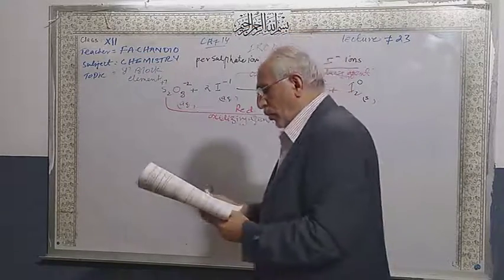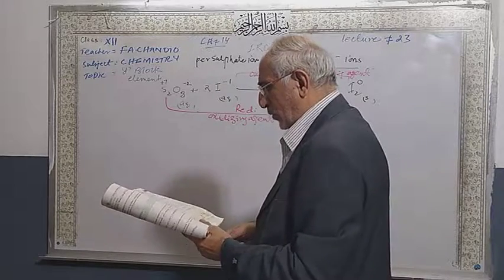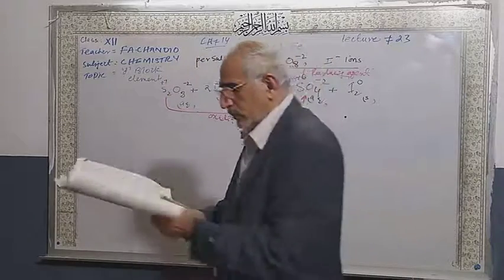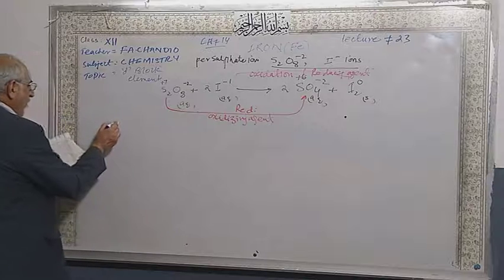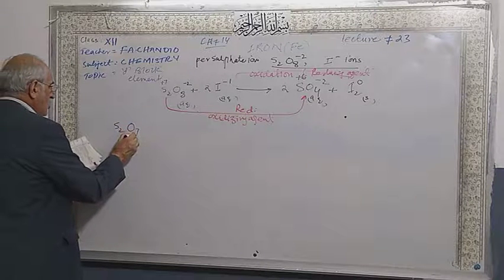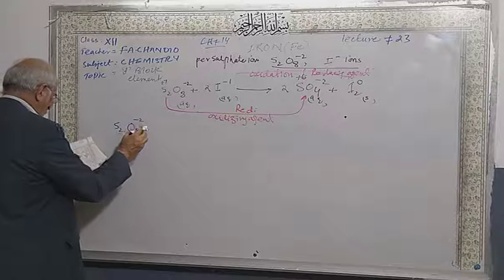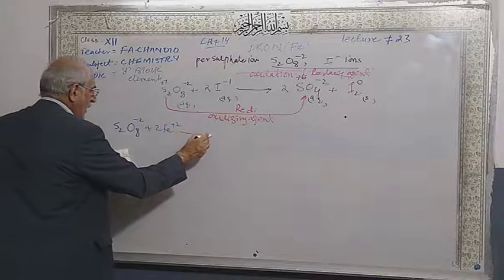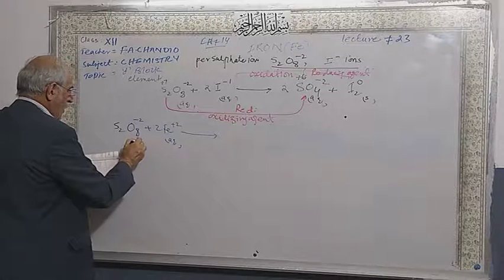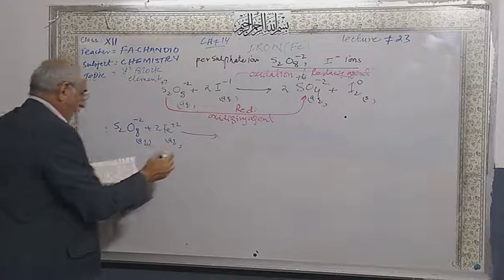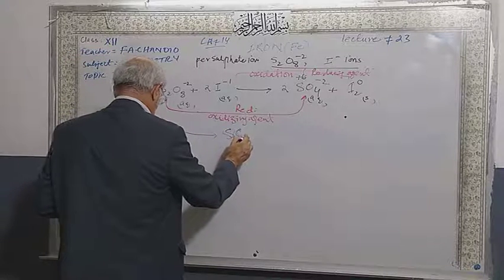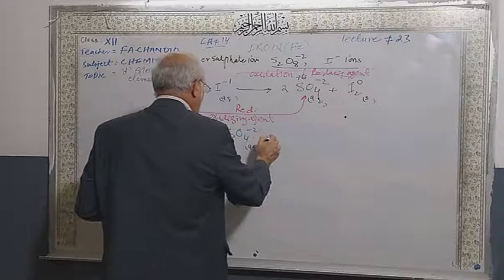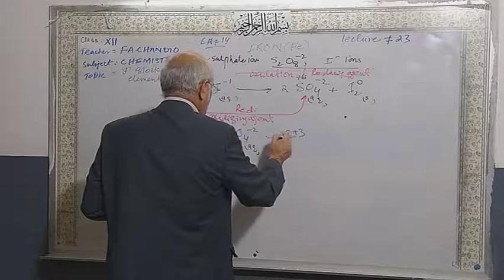For the sake of argument, we shall take the catalyst to be iron positive 2. So how does it act as a catalyst? S2O8 negative 2, and iron acts as a catalyst, and this is going to be sulfate negative 2 aqueous and this iron is going to be positive 3.